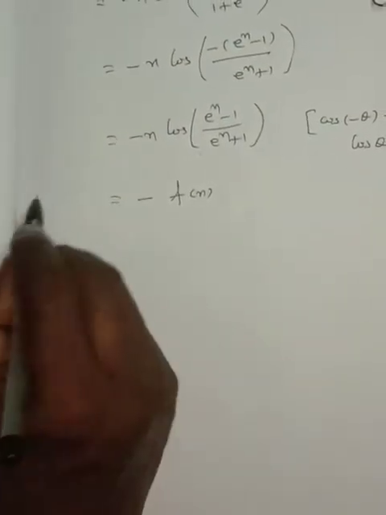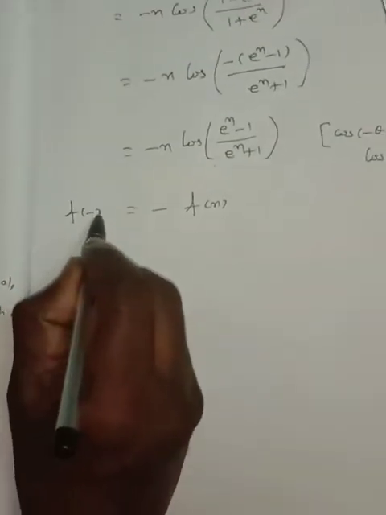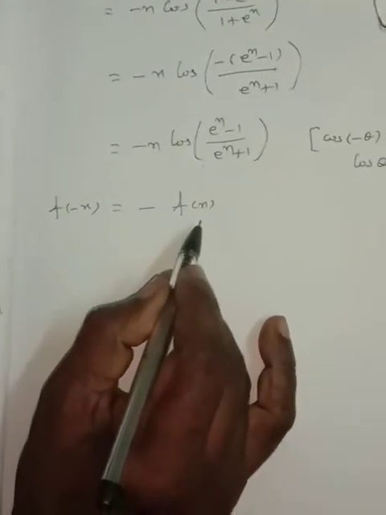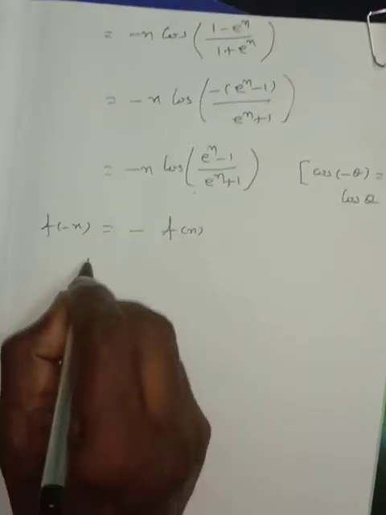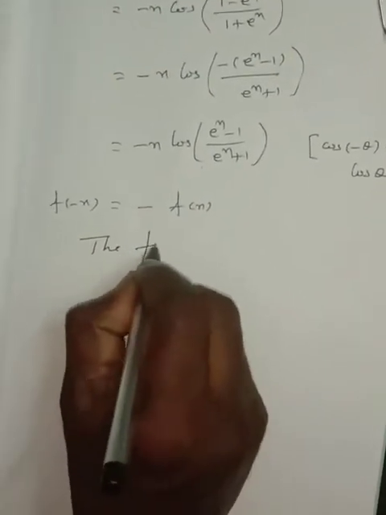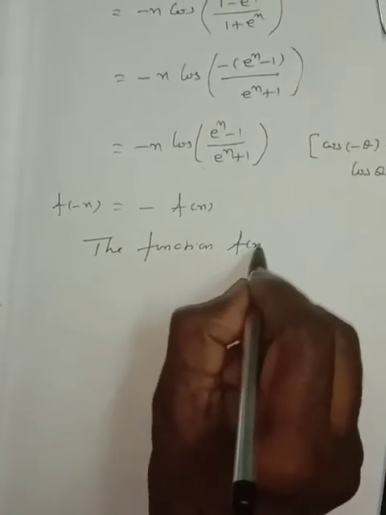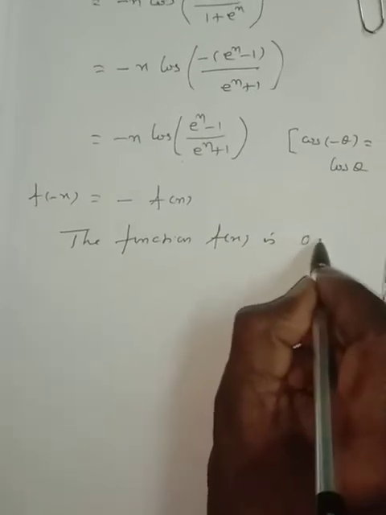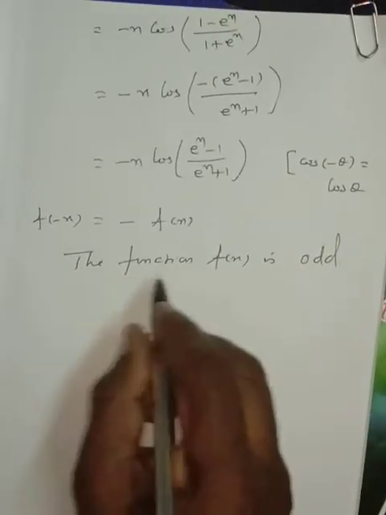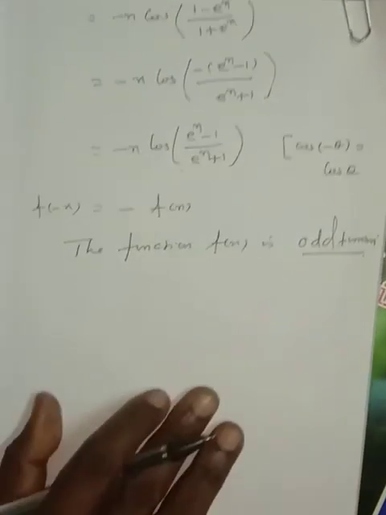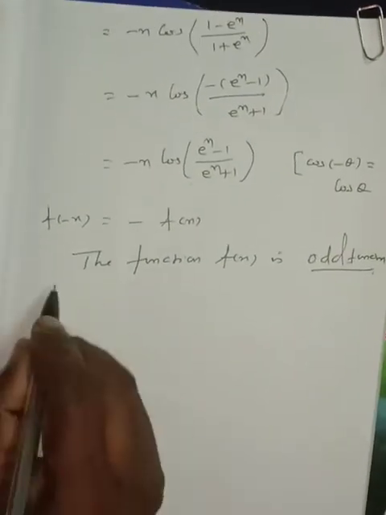Taking f of minus x, we get minus f of x. So the function f of x is an odd function. Odd function means the integral value is 0.